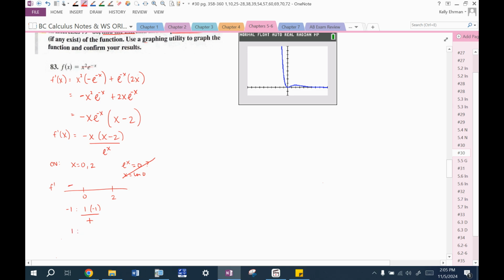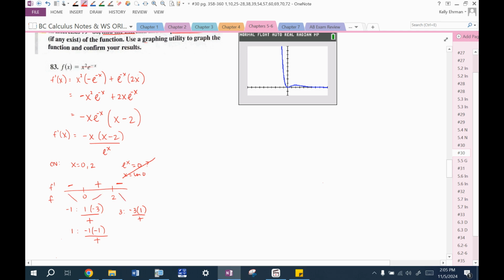If I plug in 1, I get negative 1 times 1 minus 2, which is negative 1, over this always positive. That's a positive over a positive. And if I plug in 3, I get negative 3 times 3 minus 2 over this always positive, so negative. So f goes decreasing, increasing, decreasing.